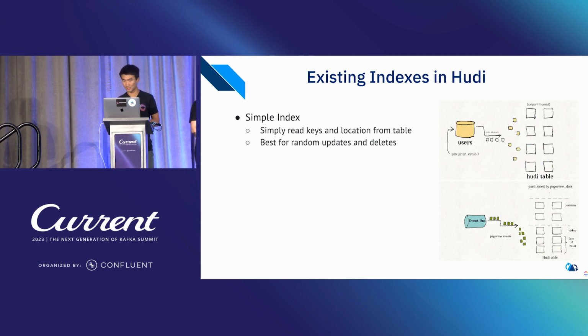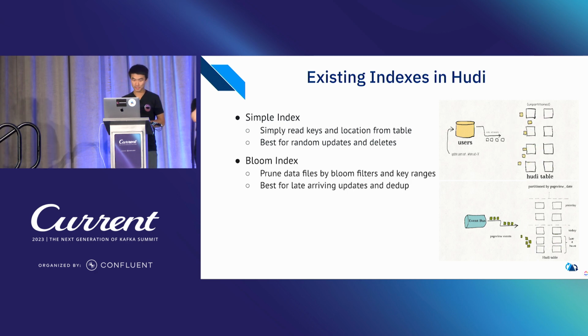The second use case is input events ordered by timestamp, because users generate logs or events from their latest actions, and most of the events fall into the last few hours. So only a small portion of the files are going to be updated. In this case, we designed another index called Bloom index, which is better for these kinds of late arriving updates for dedupe.